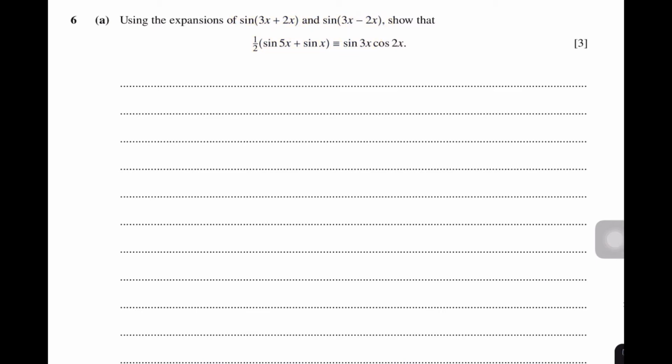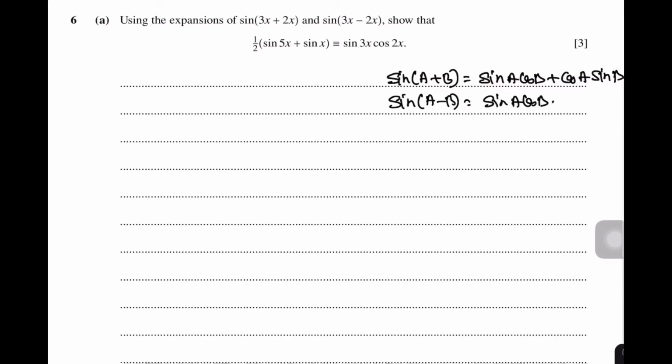We know that sin (a plus b) equals sin a cos b plus cos a sin b, and sin (a minus b) equals sin a cos b minus cos a sin b. Let me use these two formulas to prove this.